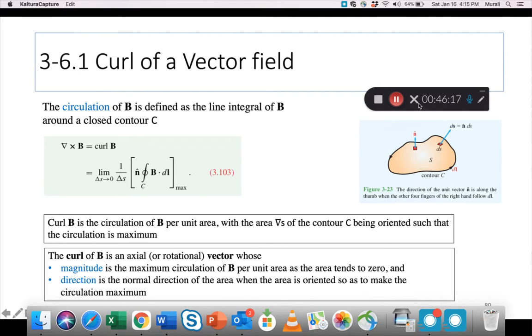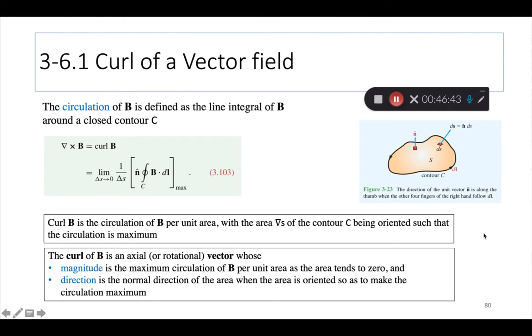So if you're going around an area in a maximum direction, then the direction that is normal, that is perpendicular to that area of maximum circulation, that direction is the direction of curl. So again, curl has both magnitude and direction, and this is how you define the magnitude and this is how you define the direction. Okay?